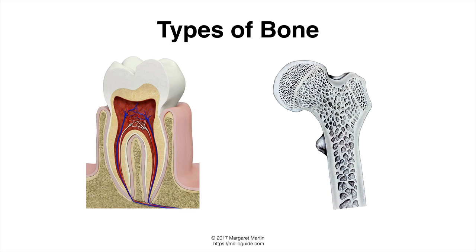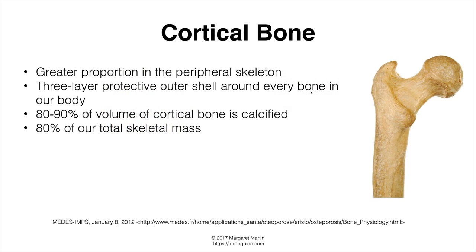We'll go into them in more detail. The outer firm bone that you see is referred to as cortical bone or hard bone. It makes up a greater proportion of the peripheral skeleton, peripheral being the skeleton of the arms and legs. It is a 3-layer protective outer shell around every bone in our body.